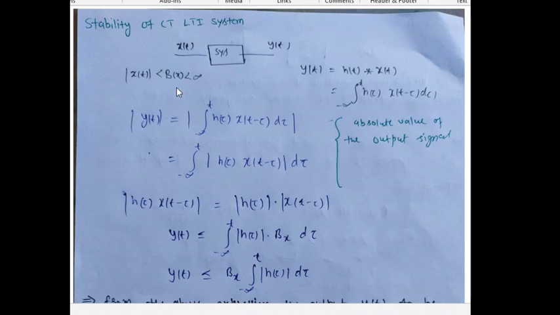Let's consider our input is bounded, so when we take its modulus its value is finite, less than infinity. Taking the modulus of this equation, we get this one, and after this we get this equation.